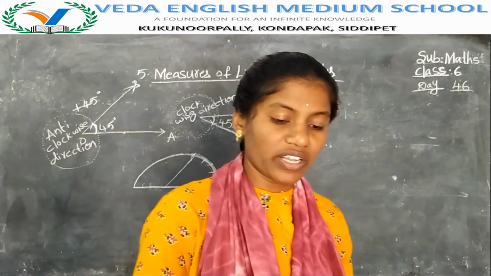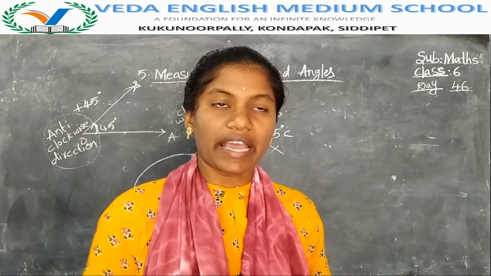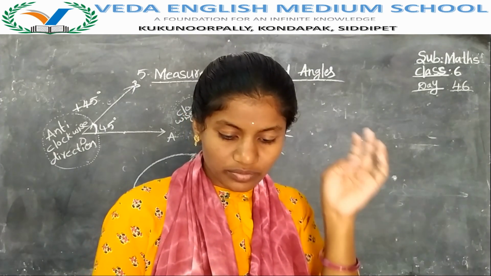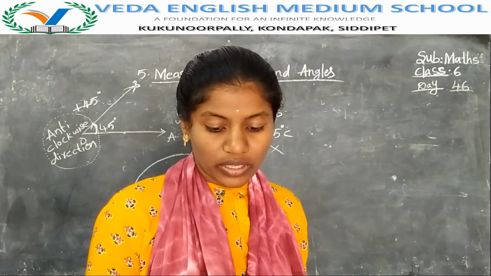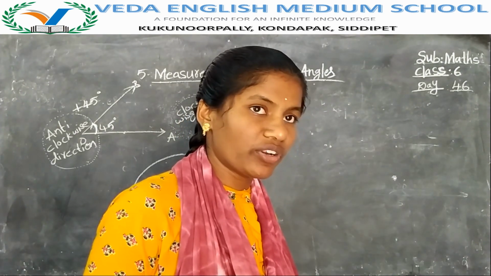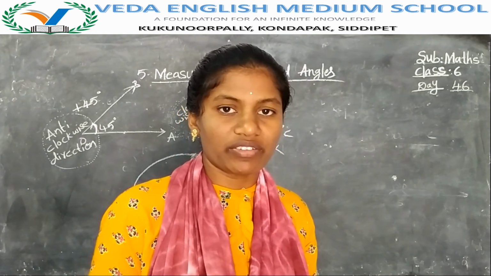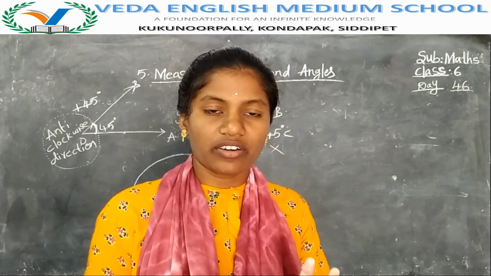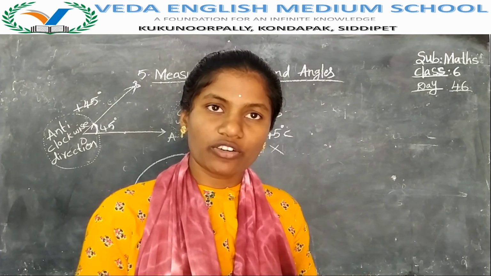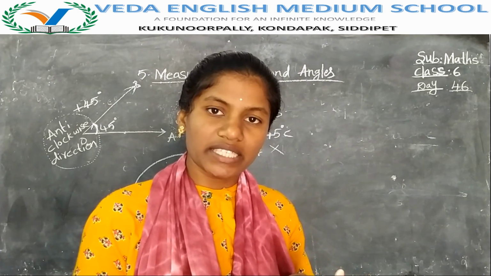In the next class we will learn the rest. Today we have learnt only acute angle, obtuse angle, right angle, and straight angle. Three angles remaining, we will learn in the next class. Total we have 7 types of angles. First one is zero angle, means 0 degrees. Second one is acute angle, means 0 to 90. Third one, right angle, means exactly 90 degrees.